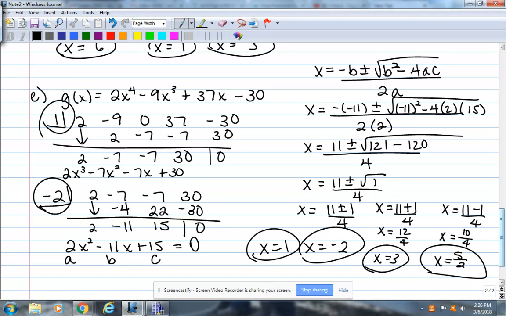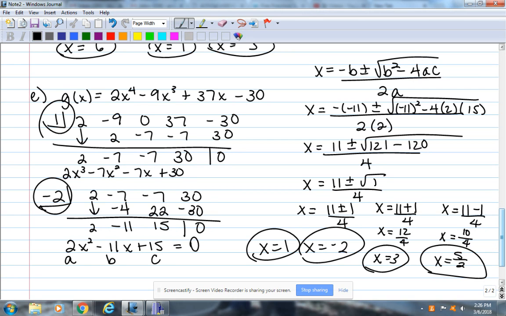Those are really as long as they get, y'all, is when they start out with a high degree polynomial, like bigger than a cube. So what you have to do is keep doing synthetic division until you get down to a quadratic. And after you get a quadratic, you can either factor it or you can do the formula. Now, if the leading term is a 1, I'd try to factor that baby, but not everything is factorable, unfortunately.